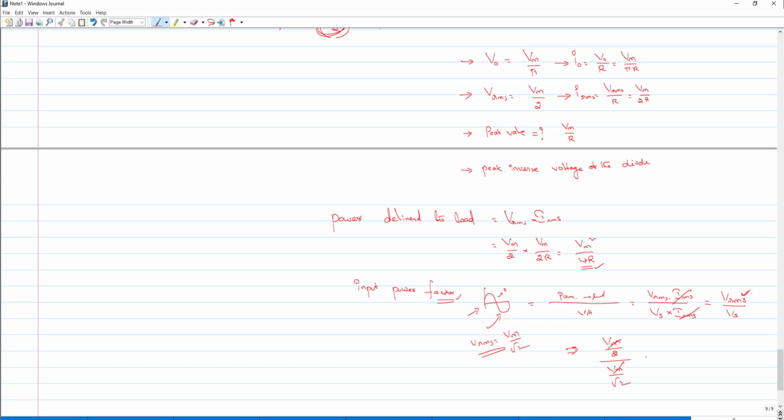So this becomes root 2 divided by 2, that is root 2 divided by root 2 into root 2. This cancels, giving 1 by 1.414, which is 0.707.